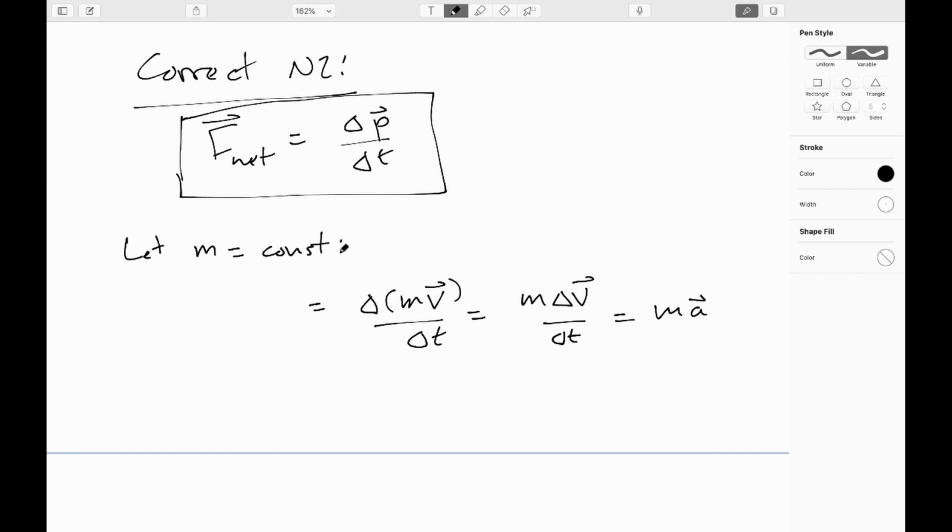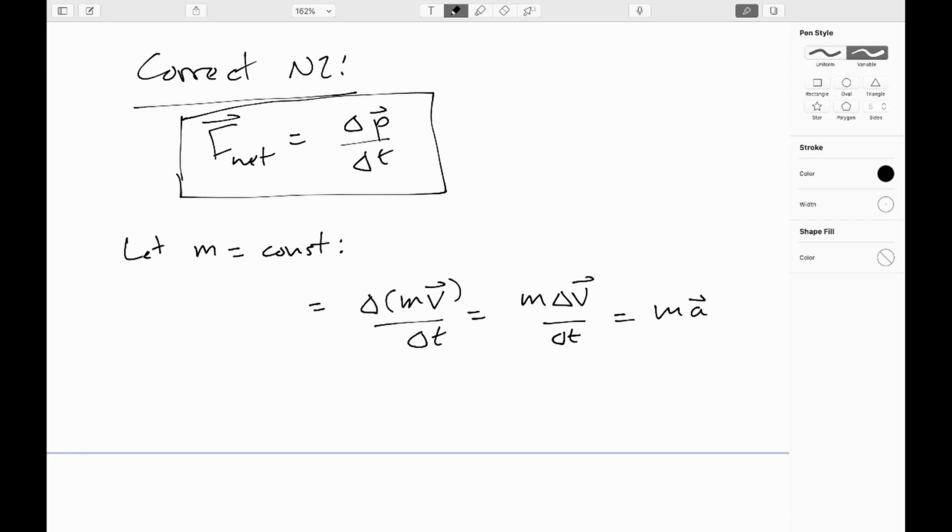When you have collisions, sometimes you'll have fewer pieces flying out than you did coming in. Other times you'll have more pieces flying out than you did coming in. In both of those cases, clearly there was a change in the mass of pieces of the system. And so we will develop tools to apply the correct version of Newton's second law for those situations.